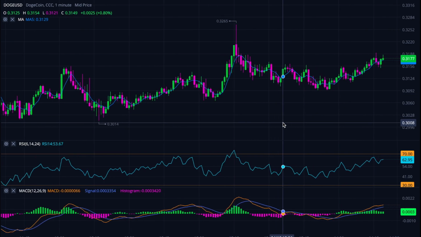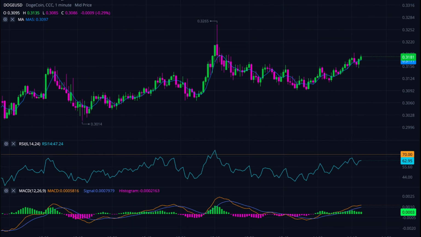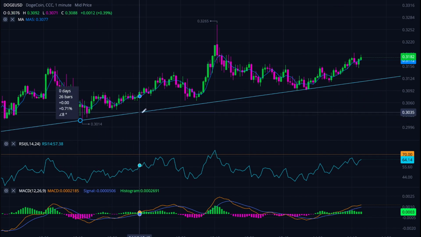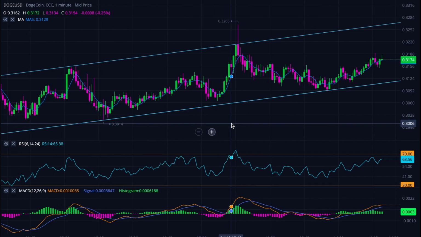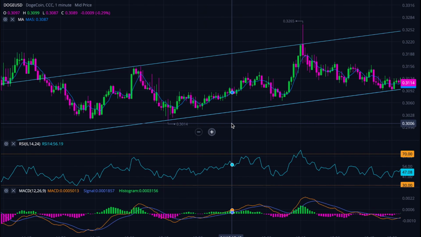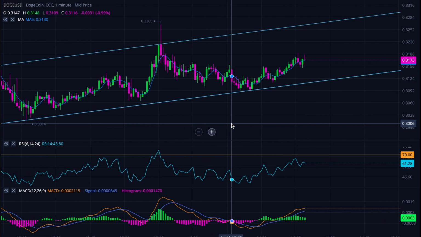It also forms channels quite a bit, which goes with the supply and demand stuff. That said, the channels blow up quite quickly. Blow up meaning they get busted; it busts out of the channel.